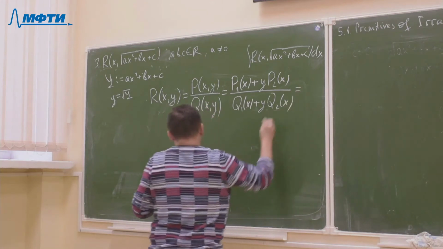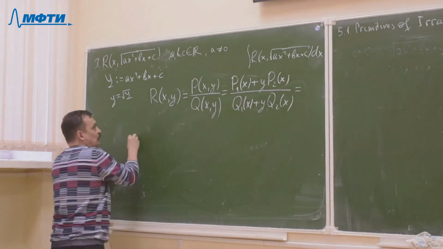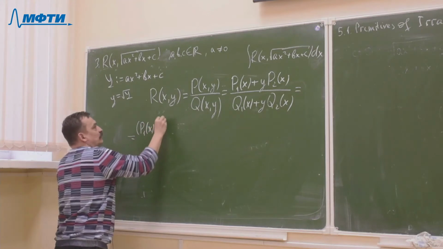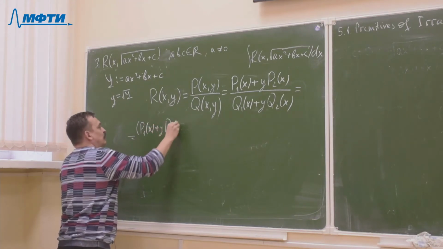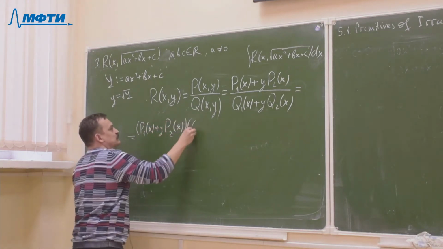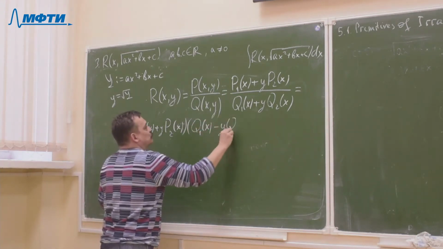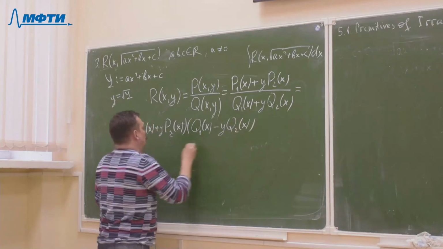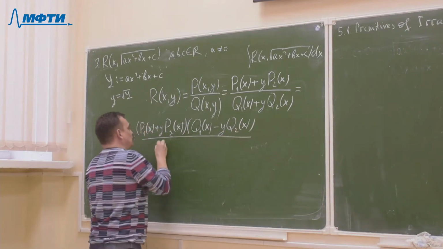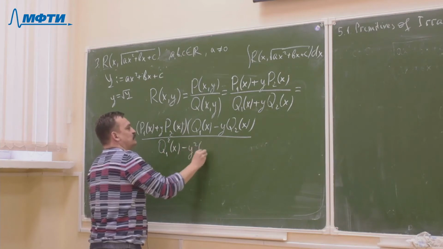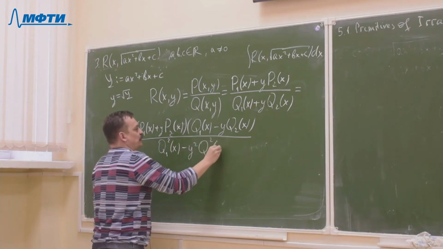So I can write p1 of x plus y p2 of x times q1 of x minus y q2 of x over q1 squared of x minus y squared q2 squared of x.